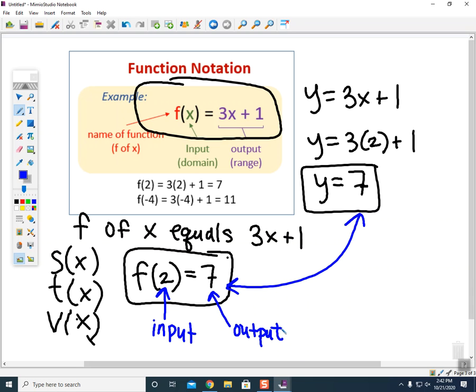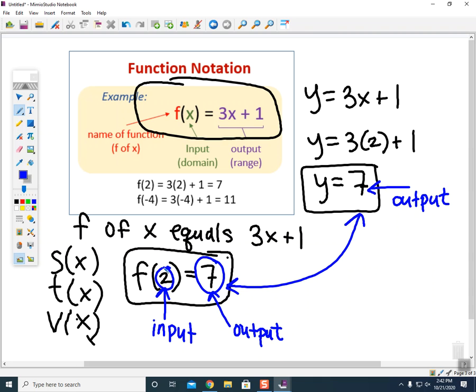In this case, over here, when I get to my solution, all I have is an output. All I know is that when I plug a number into some function somewhere, I get an output of 7. The reason why we want to use function notation is because not only does it tell me that I get an output of 7, it also tells me what I put into my function.